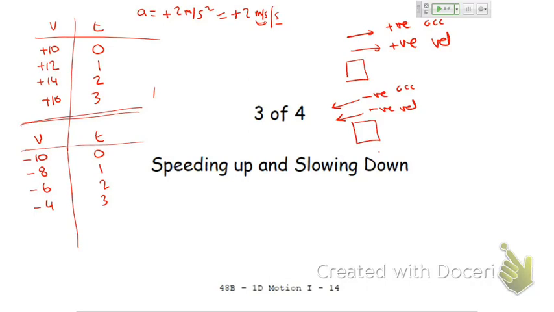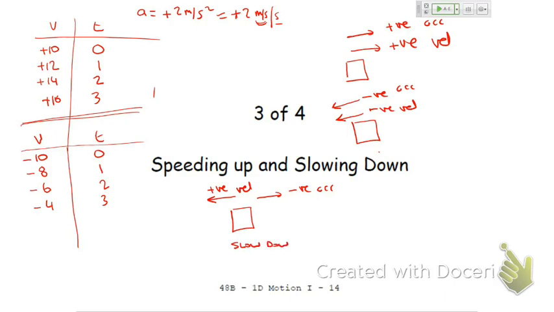When I have positive velocity and a negative acceleration, I slow down. I'm still going in the positive direction, but I slow down.